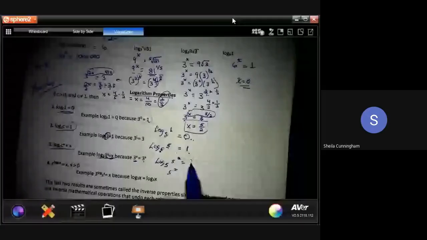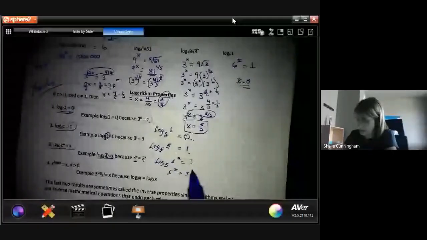So in this instance, if I said log base 5 of 5 to the power of 2 is equal to something, and I want to know what this mystery number is, I need 5 to the power of x, because I don't know what that number is yet, to equal 5 to the power of 2. If our bases are the same, it only makes sense that our exponents have to be the same. So log base 5 of 5 to the power of 2 is simply whatever that exponent is. That becomes our resulting answer.